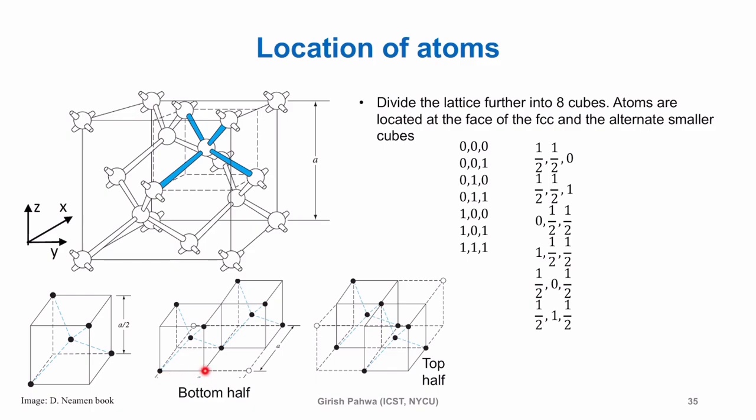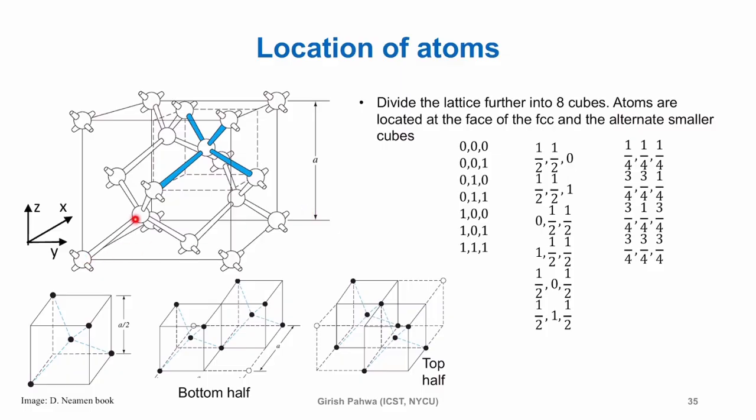So half. And it's in the middle, so half of that. Half on this side, half on top. It's in the middle, right? Middle of that cube. So you go half. But half of half is 1 by 4. 1 by 4, 1 by 4, 1 by 4. So there will be several 1 by 4s, 3 by 4s here, right?